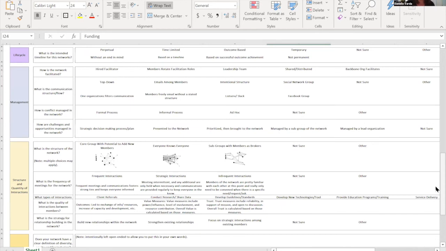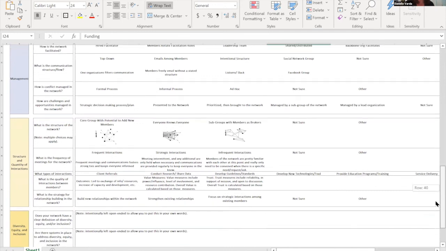You'll see some options there for management, from more formal to less informal, and some thinking about how challenges and conflict are dealt with, which always comes up in the network, maybe not as much in the beginning as you get more comfortable with each other.